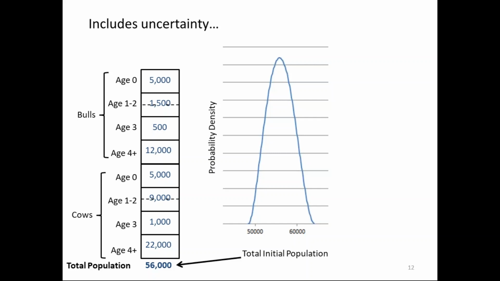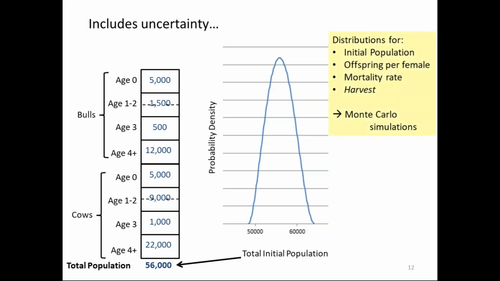And so we incorporate that uncertainty by not just running a single model projection using a single set of values, but for each of the demographic parameters, we usually have an estimated probability distribution of the values of those parameters. And so for each Monte Carlo simulation, we sample from that distribution. And I'll be talking a little bit more about how we did that with the Fortymile Caribou Herd when I jump into the demonstration.